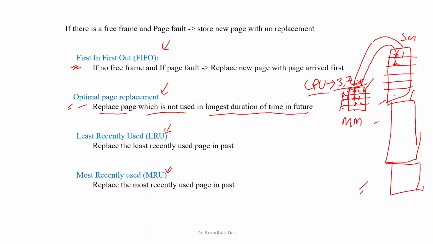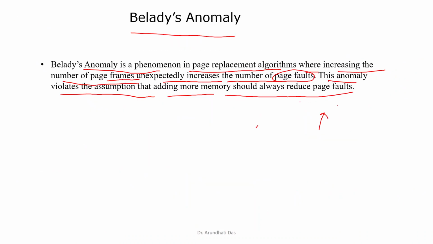So we will see, out of all the requests given by the CPU, which one is not used for the longest time in the future. If a page is already occupied in the main memory, and that particular page will be requested by the CPU only in the longest future, then for the current request I will replace that particular page in the main memory. With an example it will be more clear.